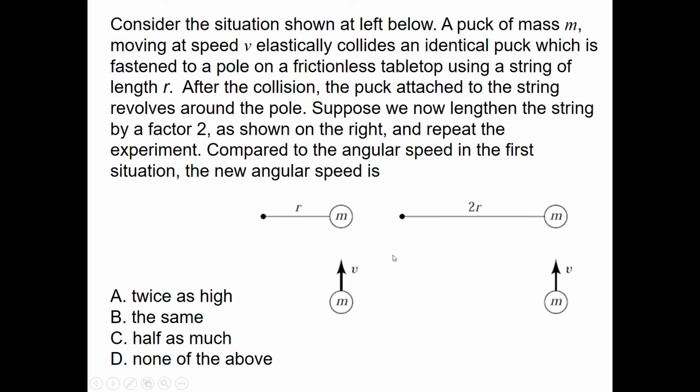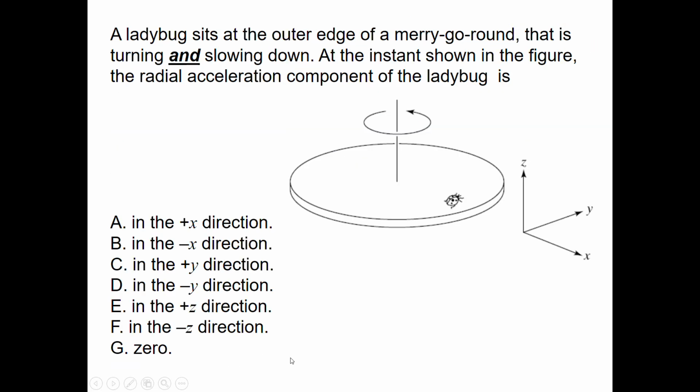So in that case, this one has a bigger omega, so it's twice as much. I've marked the wrong one here when I went through and marked these on. In the first situation, this one here, the angular speed is going to be twice as big as the second one, so it should say twice as high. I just highlighted the wrong one there.